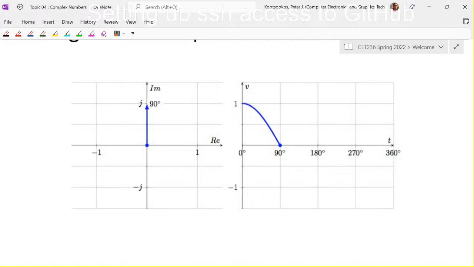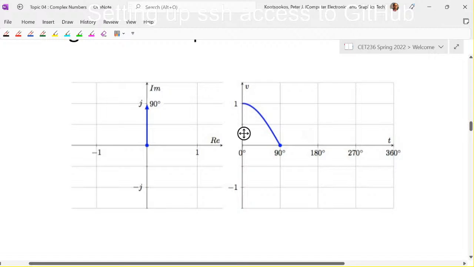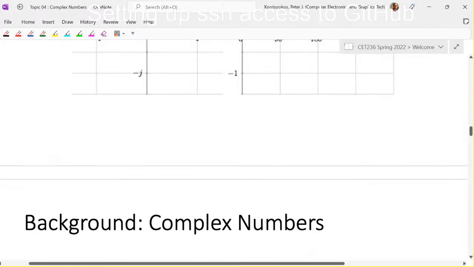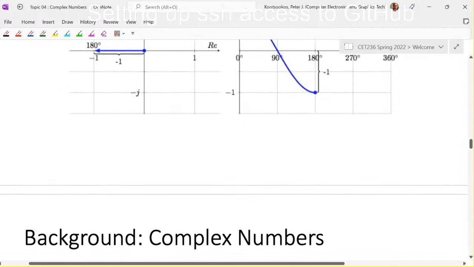And I can continue rotating that around if my number is 0 plus 1j, right? The projection of this complex number onto the real number line is 0. And I can continue rotating it around.